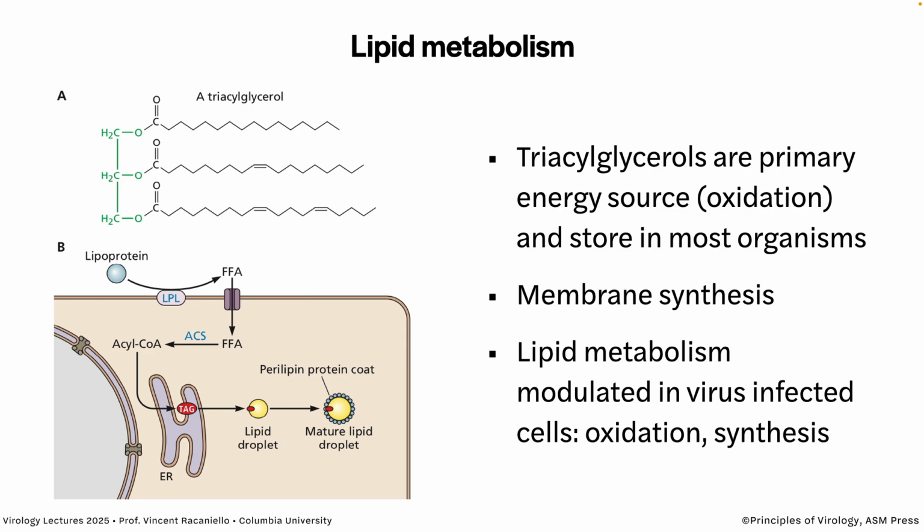So in the cell, these lipids are stored as these droplets. So the lipid is yellow and the protein is blue. So viruses modulate lipid biosynthesis. They have to modulate the synthesis of lipids as well as its oxidation.